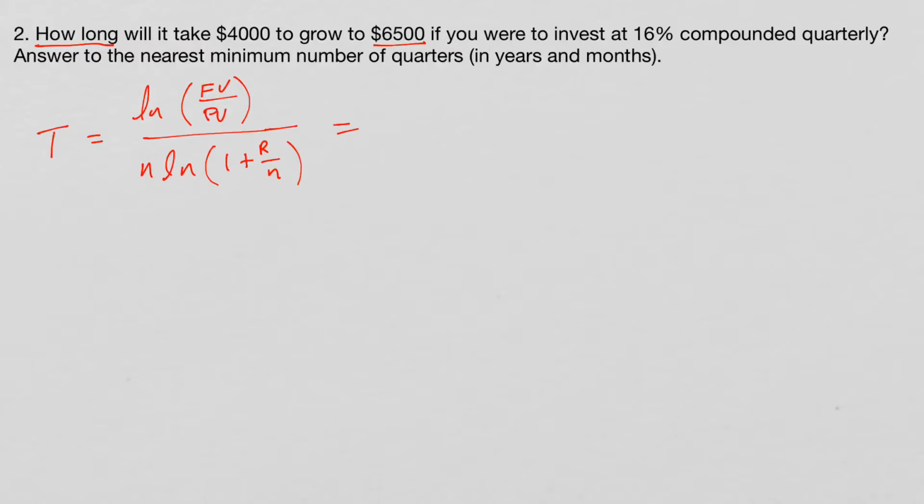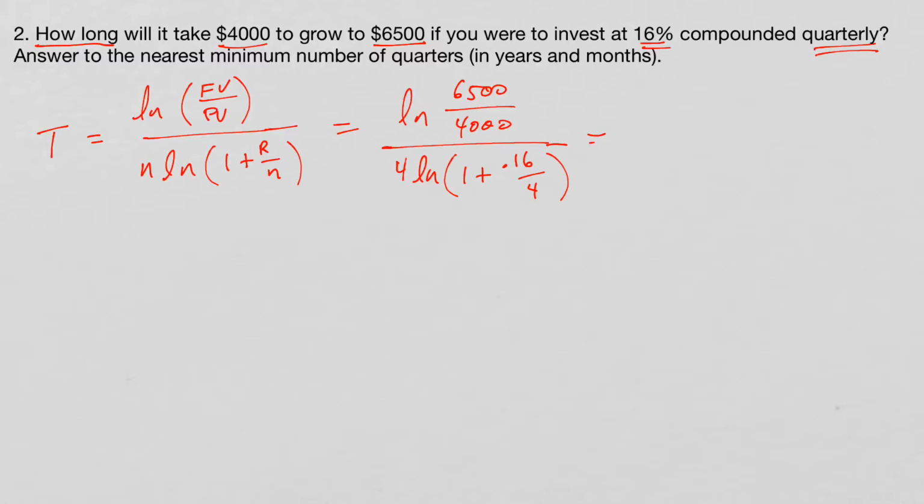So that's our future value. So we're going to have 6,500 over, that's our present value, 4,000. And we're going to compound quarterly. So our n is 4 log 1 plus, our rate is 16%. And again, we're compounding quarterly.